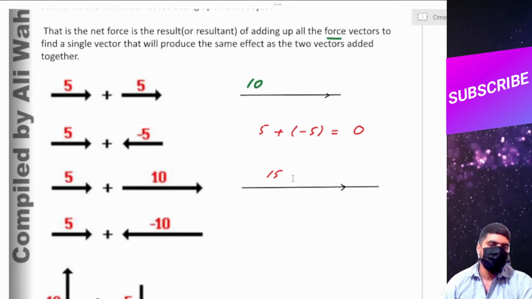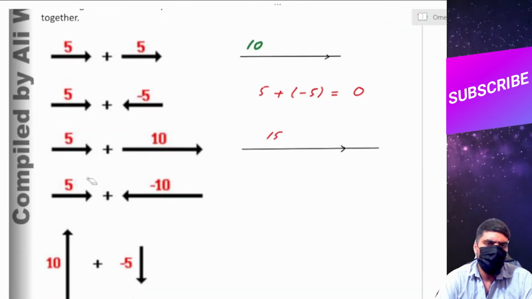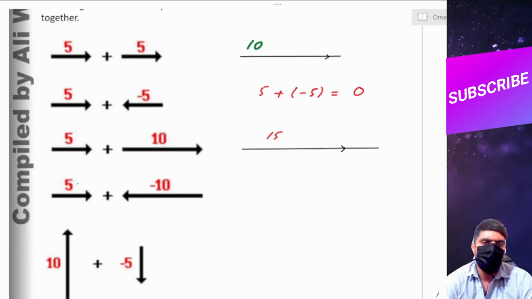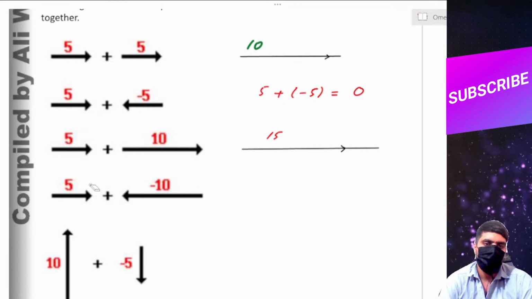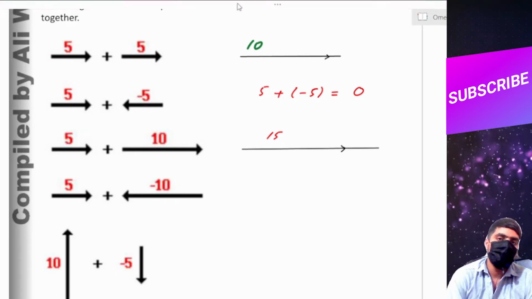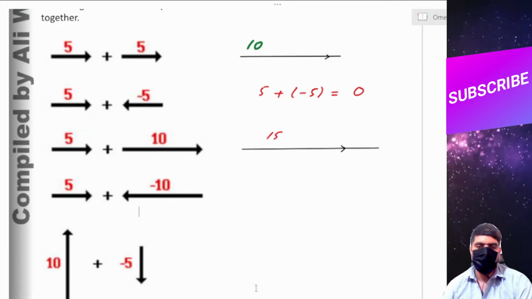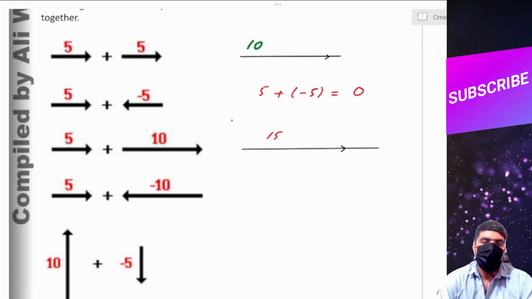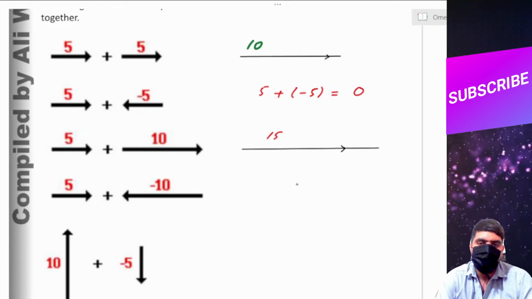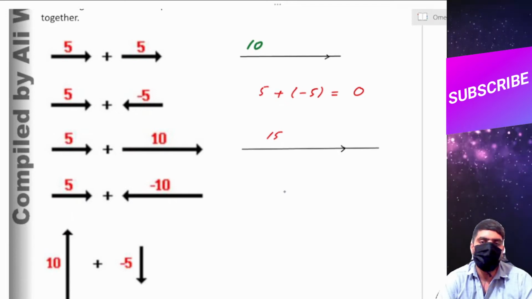Then we have the next one. We have to add 5, and like we said, we are dealing with forces, so we have to add 5 newtons with negative 10 newtons. Now if we compare these two, negative 10 newtons has more magnitude than 5 newton.